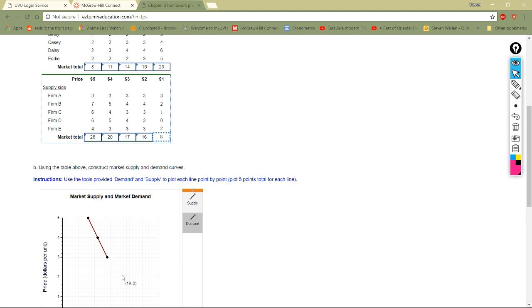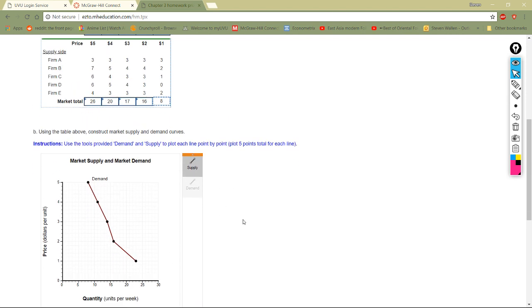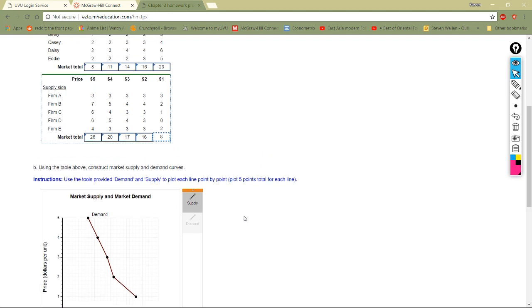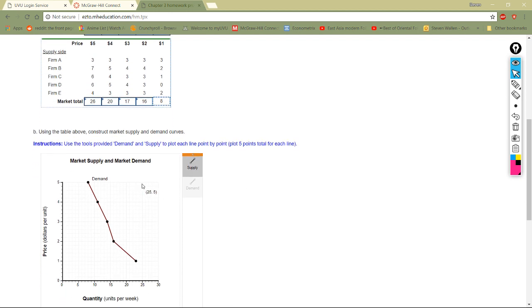We got 16. And 23 at 1. Alright. Yeah, they definitely need to make this graphing tool a lot better. Alright, 5, 26. 4, 20. Oh man. Alright, 3, 17.